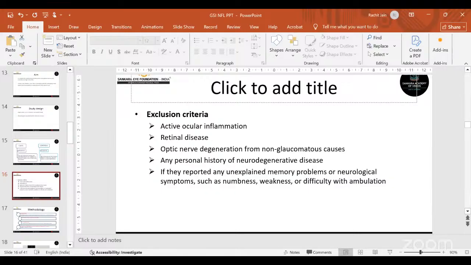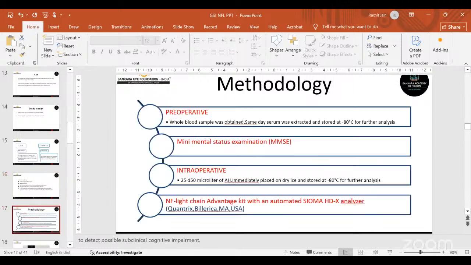They excluded patients who have active ocular inflammation, retinal disease, or optic nerve degeneration from non-glaucomatous causes, any personal history of neurodegeneration, or if any patient reported unexplained memory loss or neurological symptoms such as numbness, weakness, or difficulty with ambulation, those were also excluded from the study.